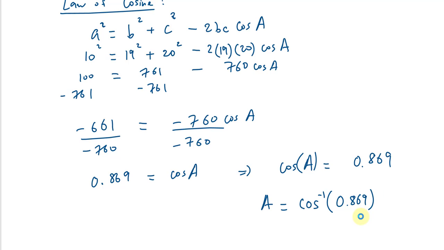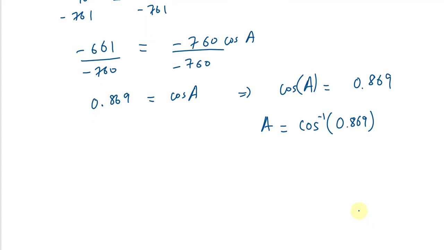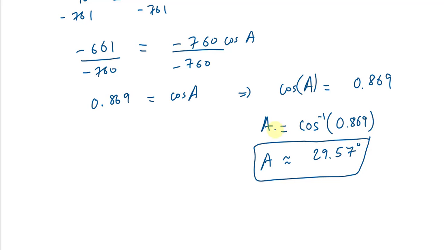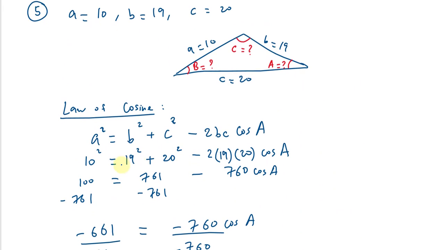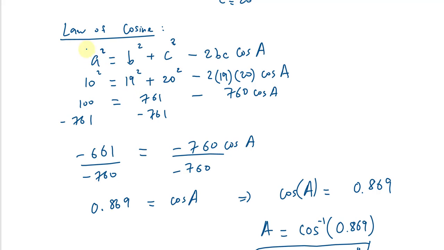Using the calculator, you can find that the angle A should be around 29.57 degrees. So if we use the a squared formula, then you can solve for the angle A.